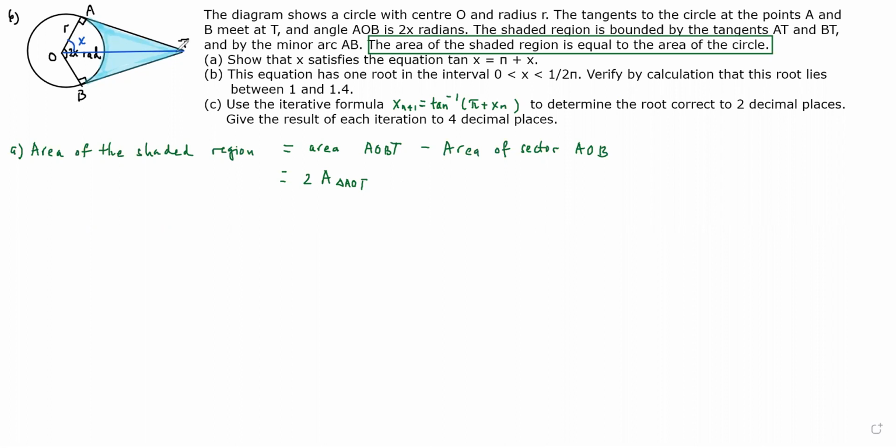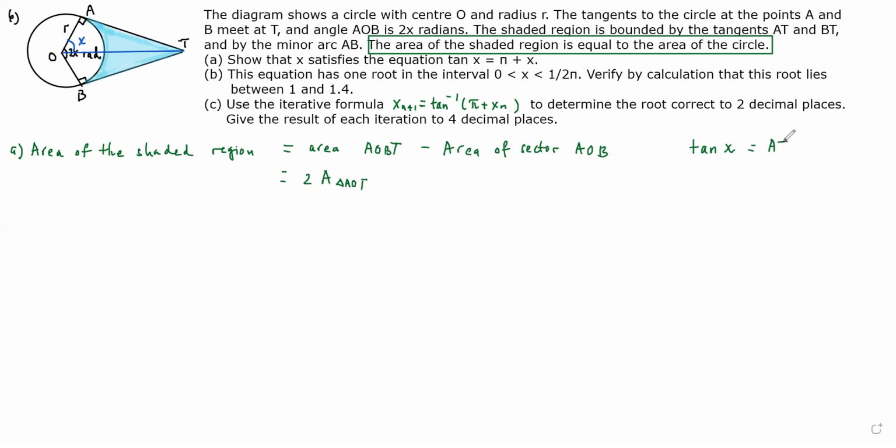To find the area of AOT, AOT is a right triangle with a base of R, and the height is given by AT. From the right triangle, you see that tangent x is the opposite over the adjacent.